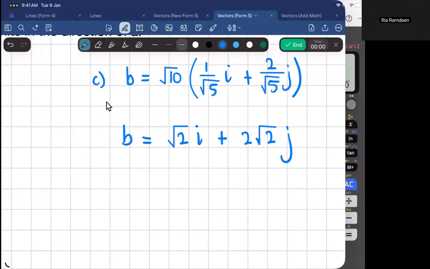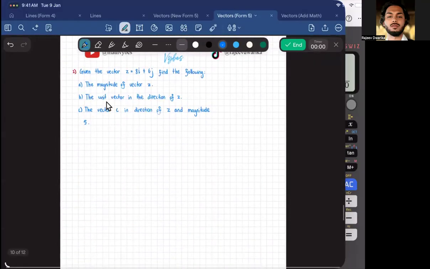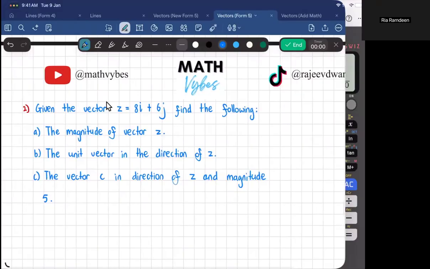You left out the i and j. It's supposed to be 40 over 100 i plus 30 over 100 j. That's 0.7. You're not supposed to get a number. It's a vector you're finding, so it's supposed to have i and j in it.